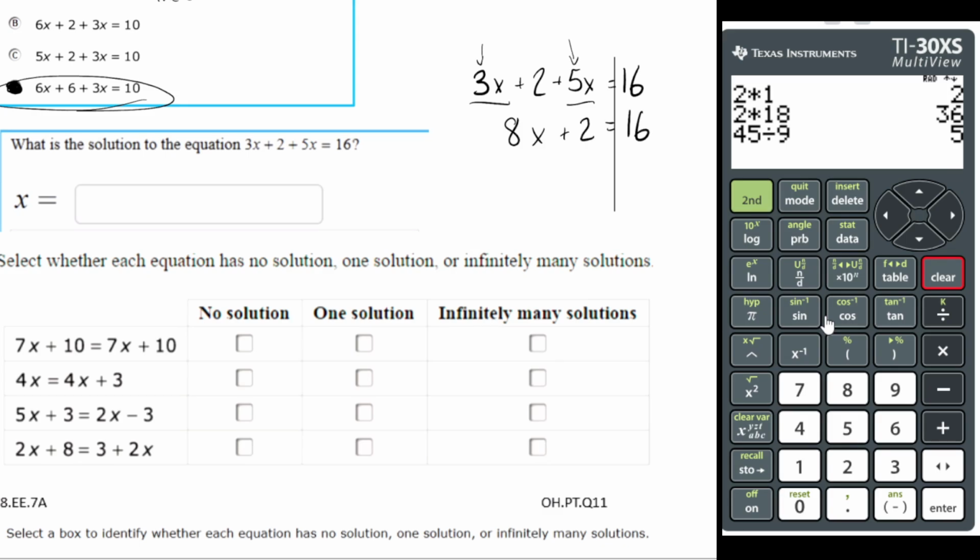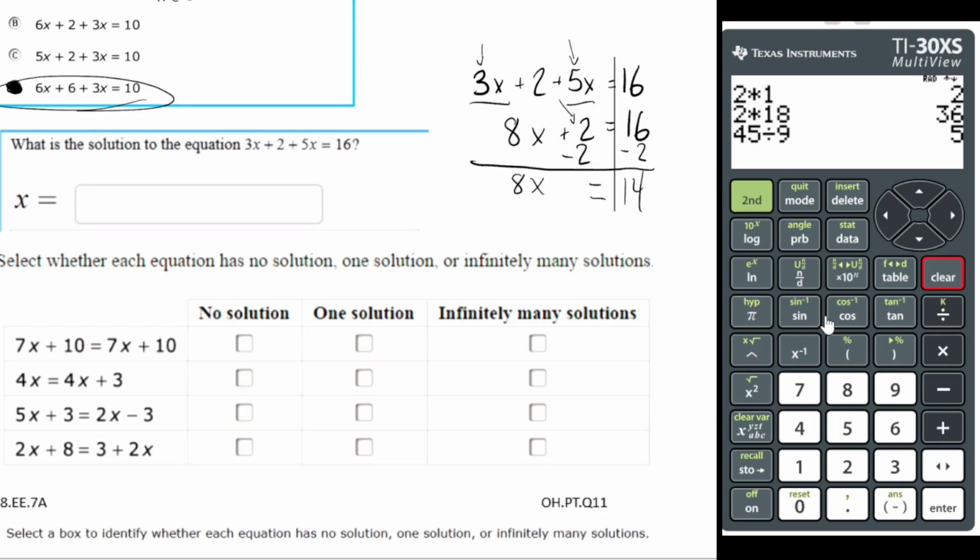Move all variables to the same side of the equal sign. That's already done. Undo addition and subtraction on the same side as the variable. So we got to get rid of this positive 2. To do that, we do the opposite of plus 2, which is minus 2. That leaves you with 8x equals 14.